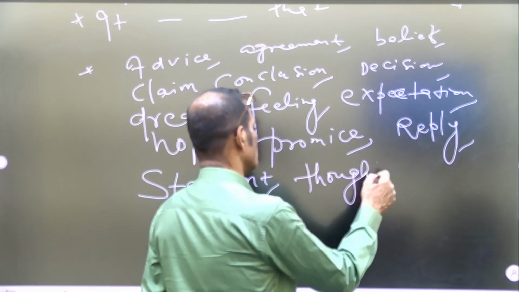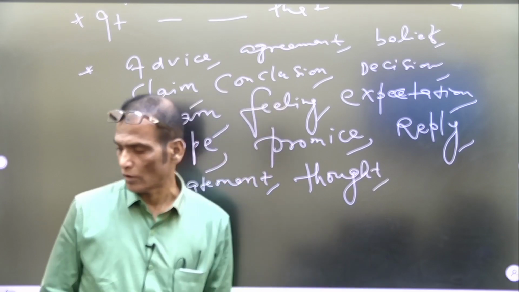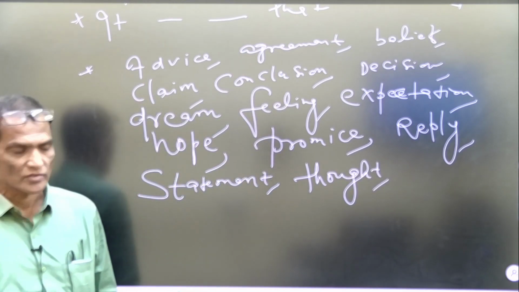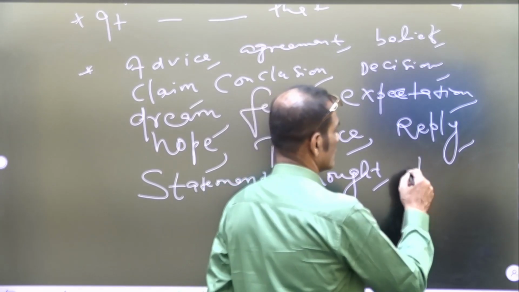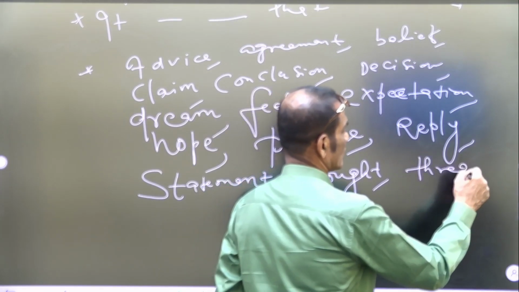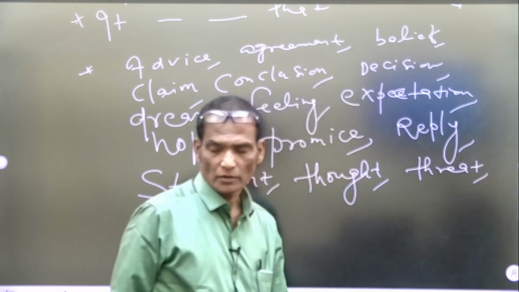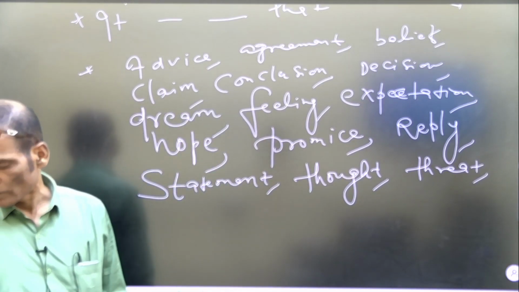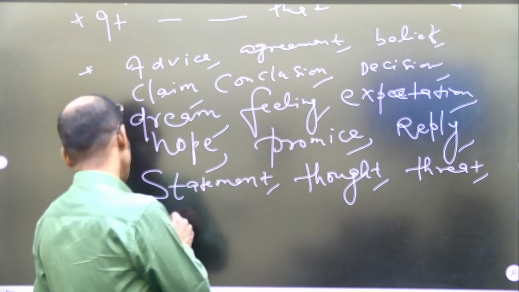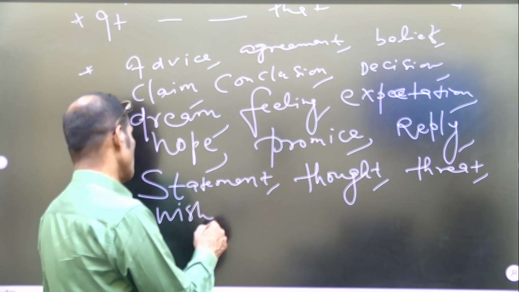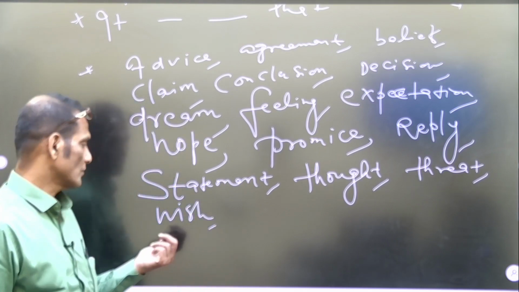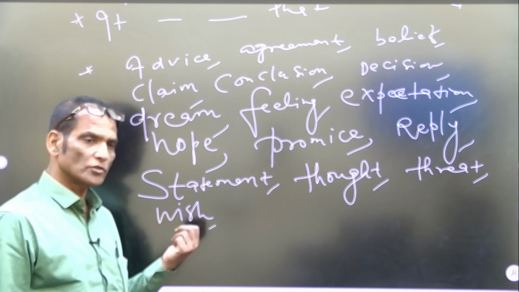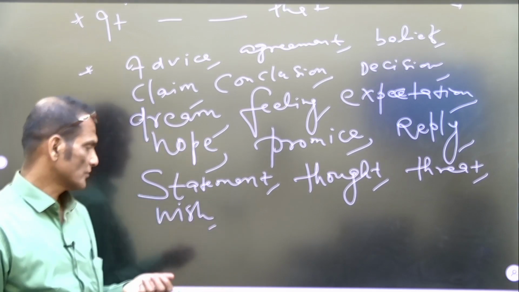Then after threat. Wish. Wish is also used as verb and noun. But I am saying about noun. If wish is used as noun, then there is that.